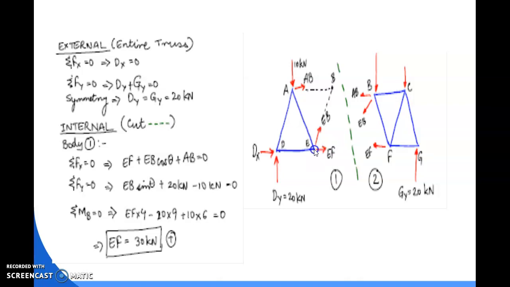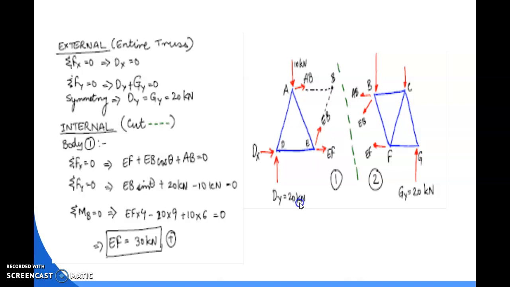So FEF into 4 is the value of moment for the force FEF. And the sign should be positive due to the sagging moment.